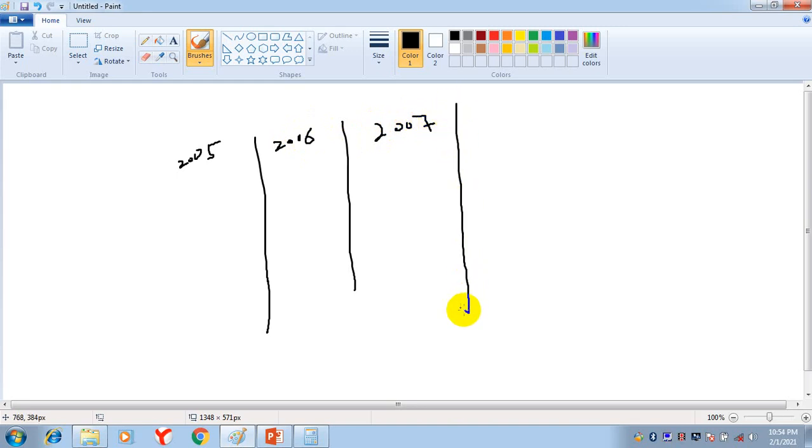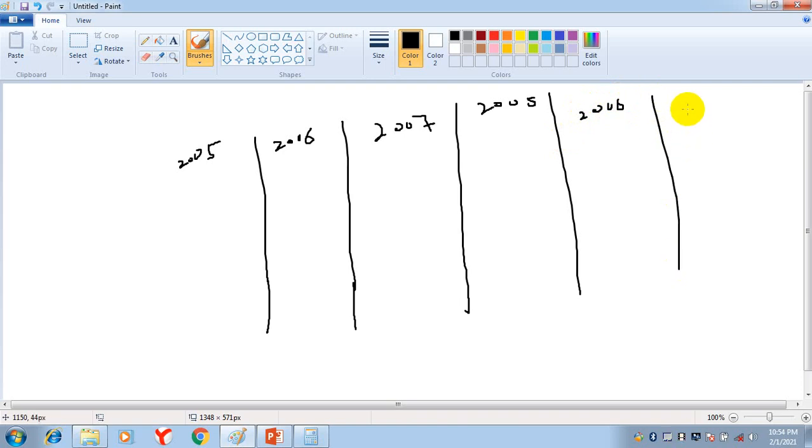Now we will convert it to percentage. 2005, 2006 and 2007.